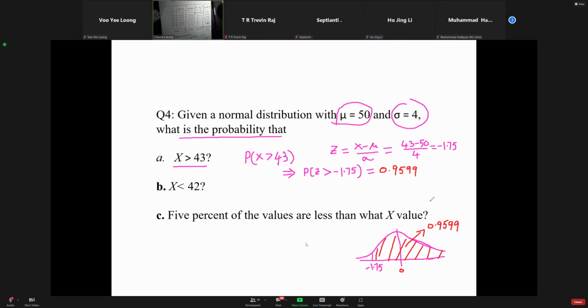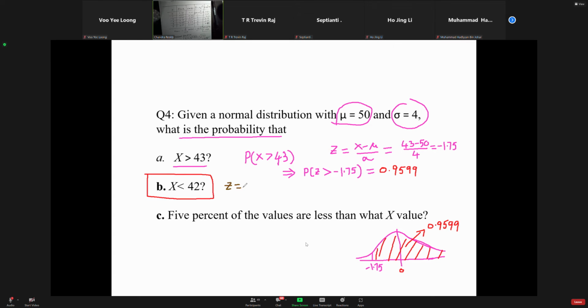All right, now can you do the calculation for the second one? Probability of X less than 42. Dennis already answered this question. You need to find out the Z value.